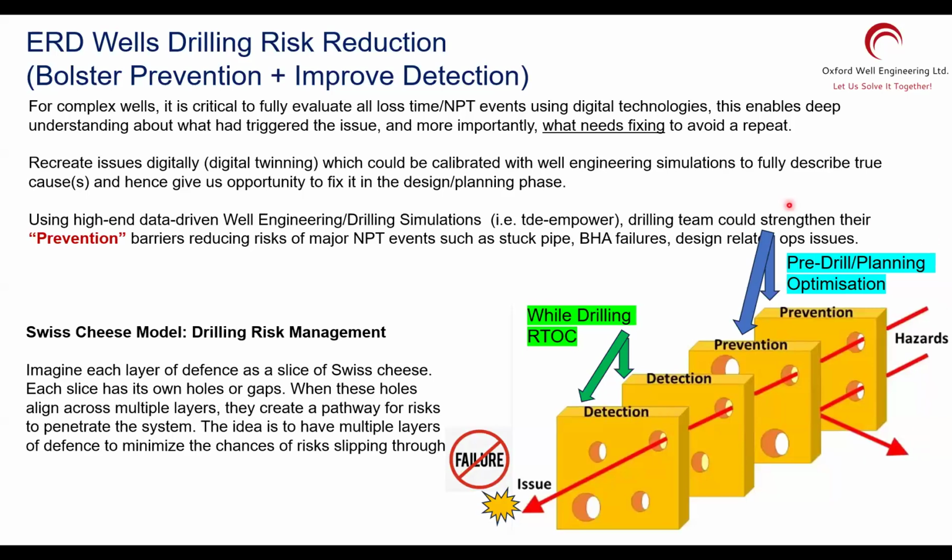If your ERD has a stuck pipe problem, investigate and find the root cause. If your ERD could not build, look for the right technology. If your ERD has a problem with casing wear, let's fix it in the design phase. You do all the work in the design. That's why it takes 1 year, 2 years, whatever time it takes to plug the holes. If you don't plug the holes, the hazard will seep through and come through.